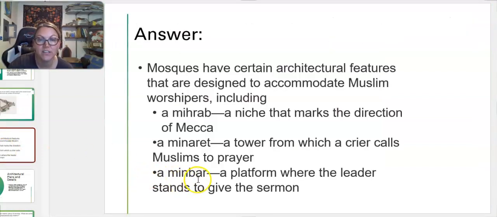Mosques have certain architectural features that are designed to accommodate Muslim worshippers, including a mihrab, a niche that marks the direction of Mecca, a minaret, a tower from which a crier calls Muslims to prayer, a minbar, a platform where the leader stands to give the sermon.